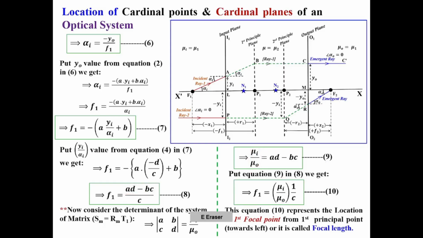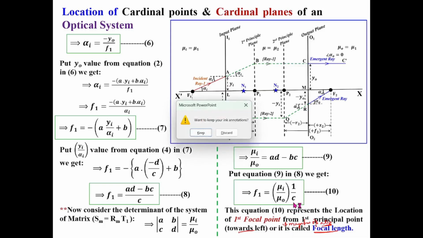Let this be your equation number 10, and this equation number 10 represents the location of the first focal point from the first principal point towards left. Its magnitude is called the first focal length, or simply focal length.